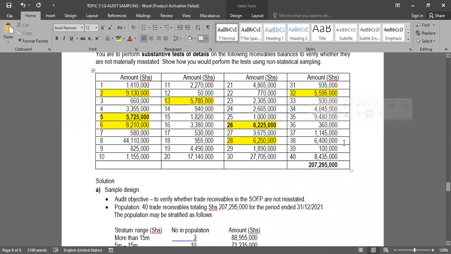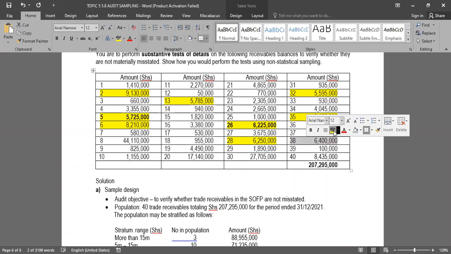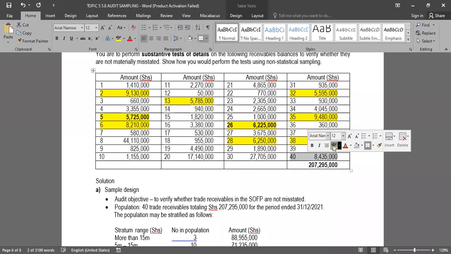When you count these, you'll find 1, 2, 3, 4, 5, 6, 7, 8, 9, 10. They are 10, and that's how I end up having 10.